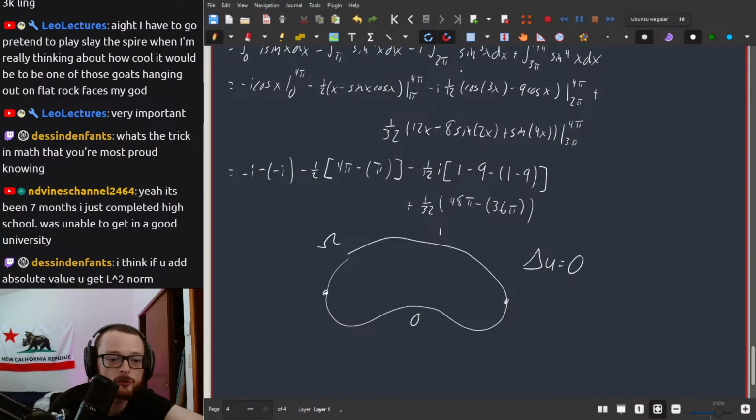You can just solve this using your gut, basically. If you want to know the level set where u equals 0.5, it's not exactly halfway between 0 and 1, but it's somewhere around halfway. It's the level set of all x such that u of x is equal to 0.5. So that's a fun trick.